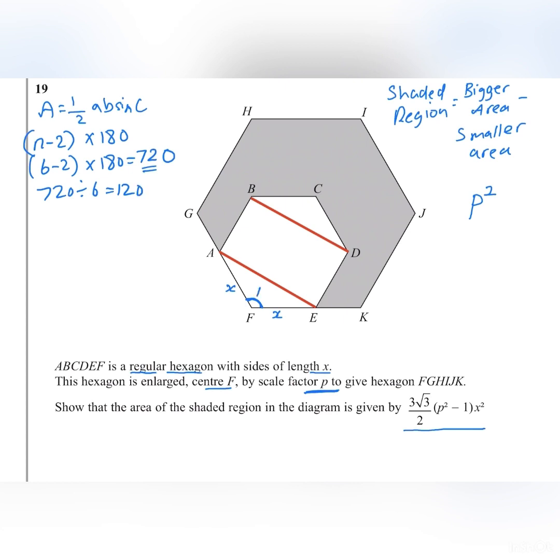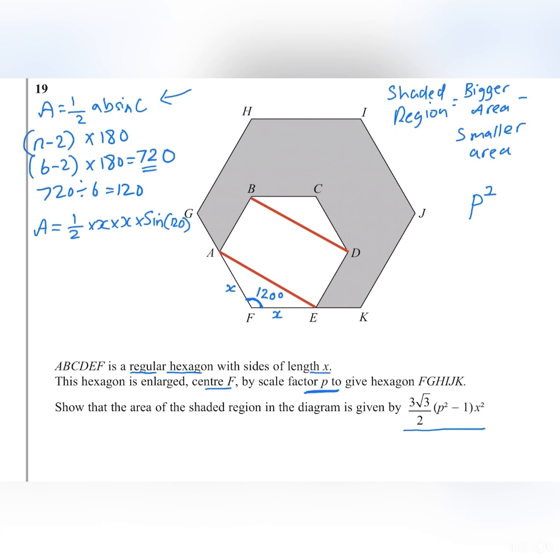So this angle here is 120 degrees. Now, if we put this information into the formula, the area of one triangle is half times x times x times sine of 120.